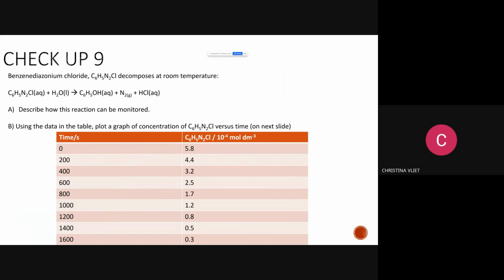Plot a graph of that thing versus time. C6H5N2Cl, which we'll learn what this is. I believe it's a diazonium salt. We'll learn what that is in Unit 6. But we're plotting the concentration of that diazonium salt versus time.